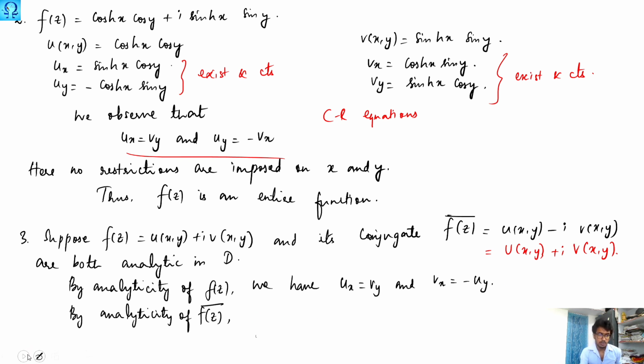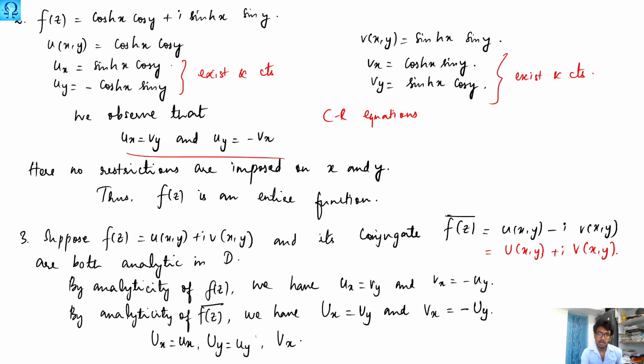Now using its analyticity, what we are going to have is that your big Ux is big Vy and big Vx is minus big Uy. Your big Ux is simply Ux, big Uy is simply Uy, big Vx is minus small vx, and big Vy is minus small vy.